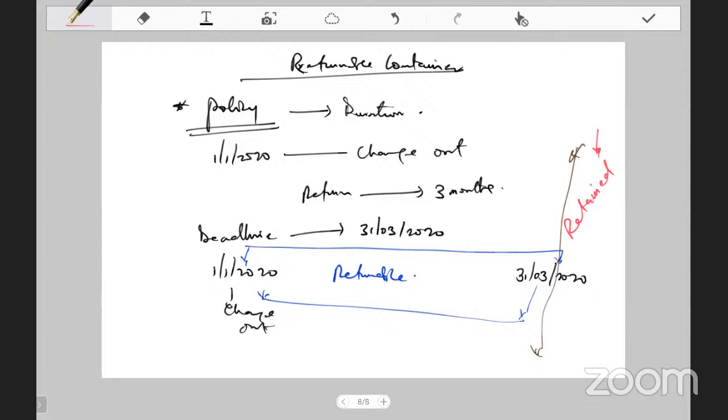At that point, the customer will not be entitled to the returnable price, and the owner of the container will go further to earn a profit on the retained container. Is there any question on that? Okay, if there's no question, we move to another phase. So you now understand what we call retained container and returnable container.